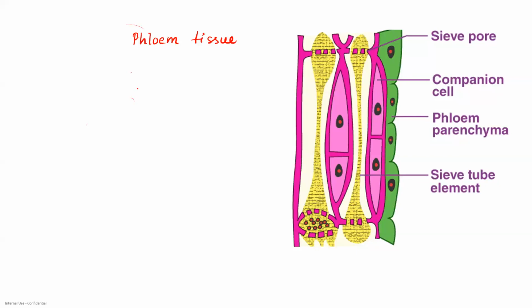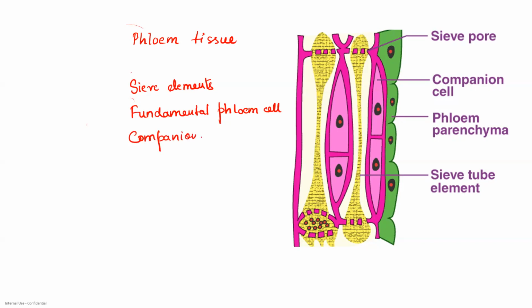They are made up of sieve elements, then fundamental phloem cells, and companion cells. Right?